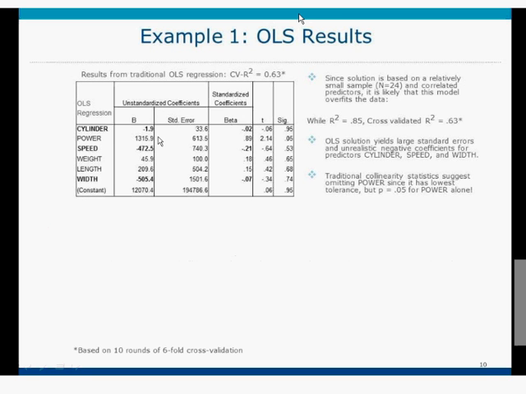But if we look at the regression coefficients, what we notice immediately is for cylinder, speed, and width, we get negative coefficients, which is unreasonable. If we look at the standard errors, we see quite large standard errors. If we look at the p-values, we see there's one p-value that's significant. That's for power.